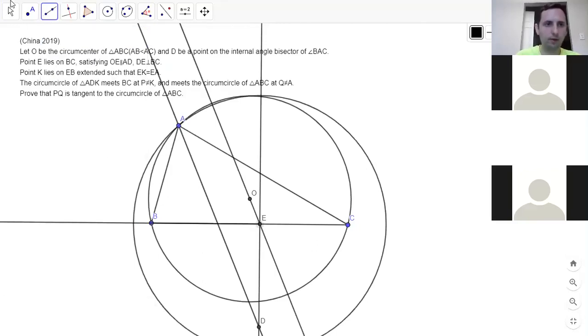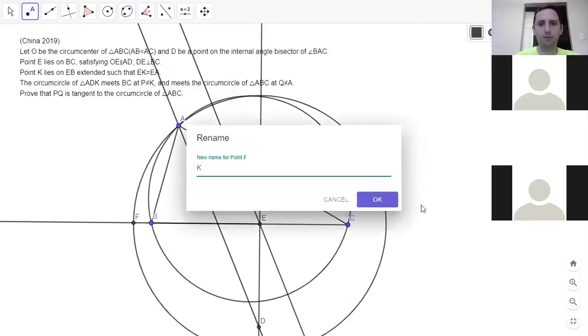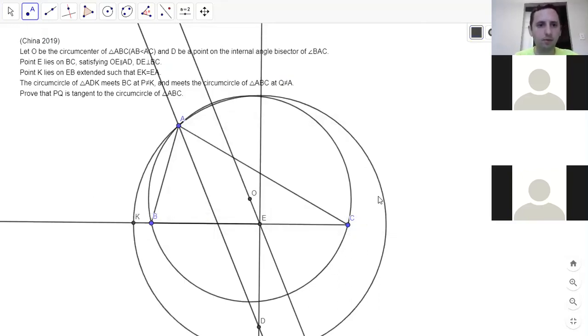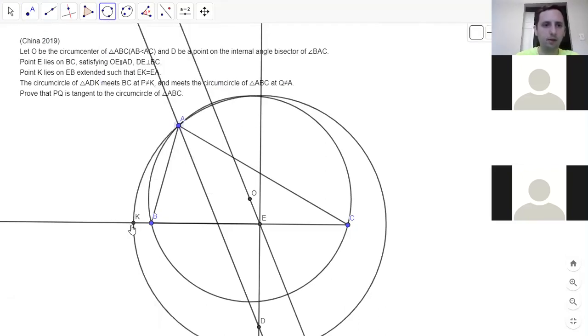So that's K. The circumcircle of ABK meets BC at P. I should have drawn the whole line, not just the ray.